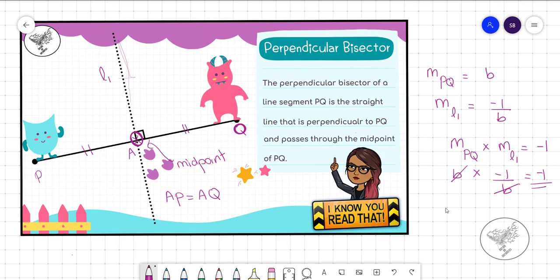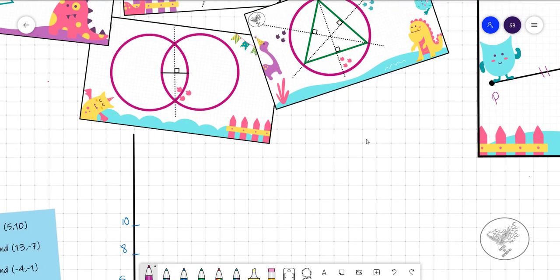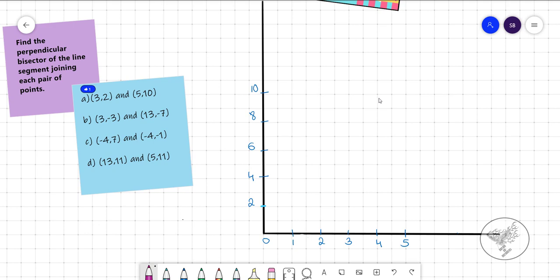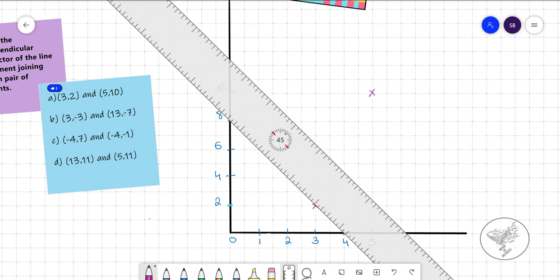Now let's do some questions based on this perpendicular bisector. Find the perpendicular bisector of the line segment joining each pair of points. First one, 3, 2 and 5, 10. So this is 3, 2 and 5, 10 is somewhere here.